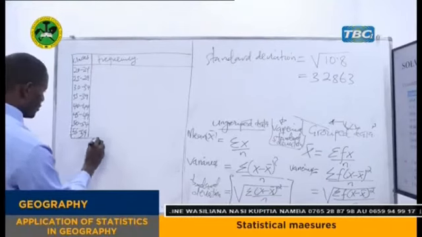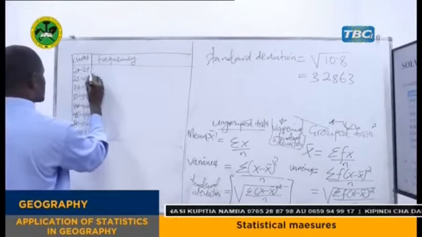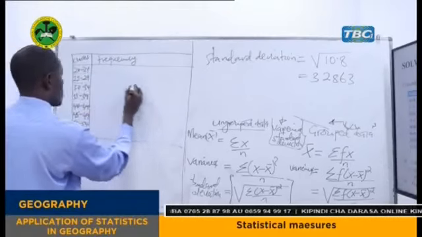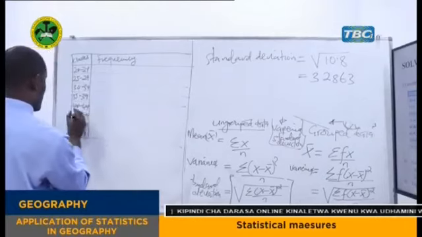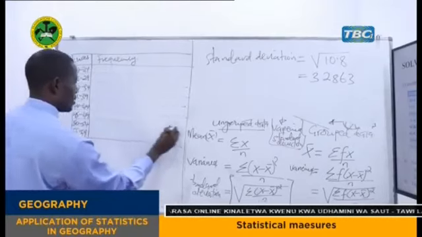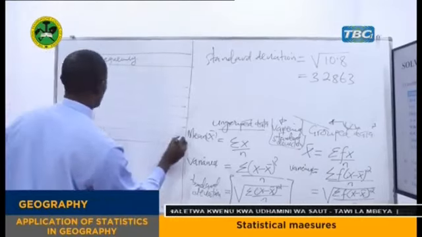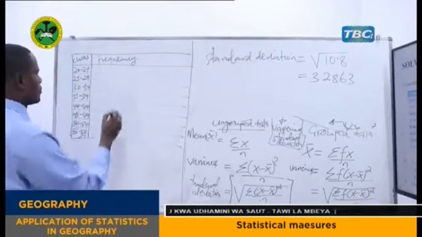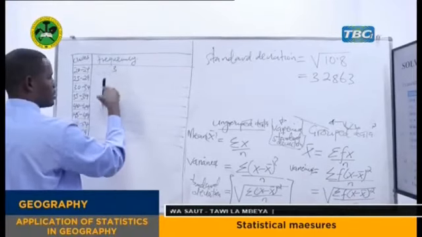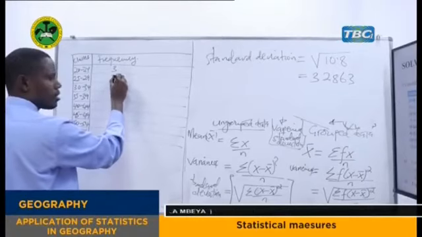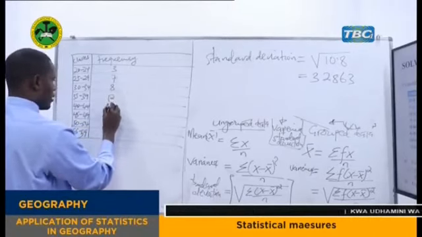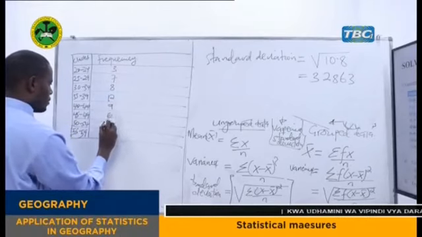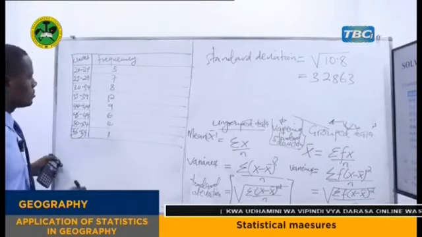Those are the data which were given over there. And we have been given the frequencies. The first one is 3, then 7, then 8, then 12, then 9, then 6, 4, and the last one is 1.